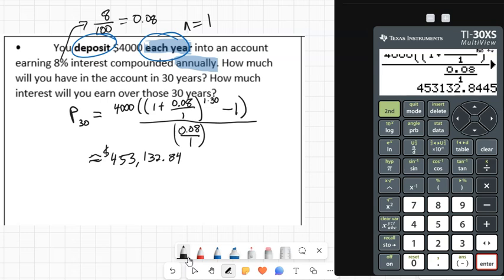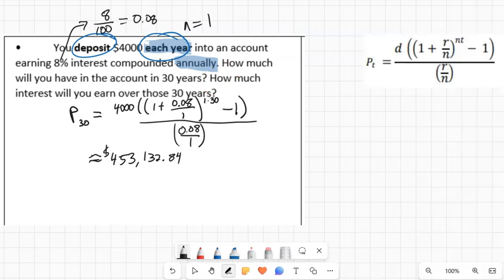But we also have how much interest. So there's two formulas that we need to know that are not in the formula sheet that you want to memorize. One is the total paid or saved, depending on the situation, in this case saved, is DNT.